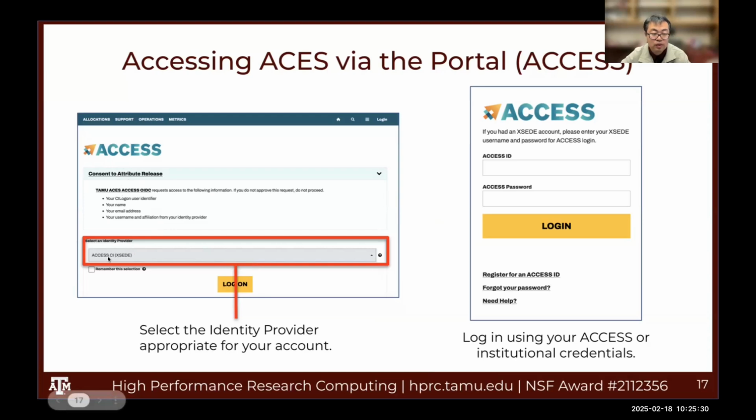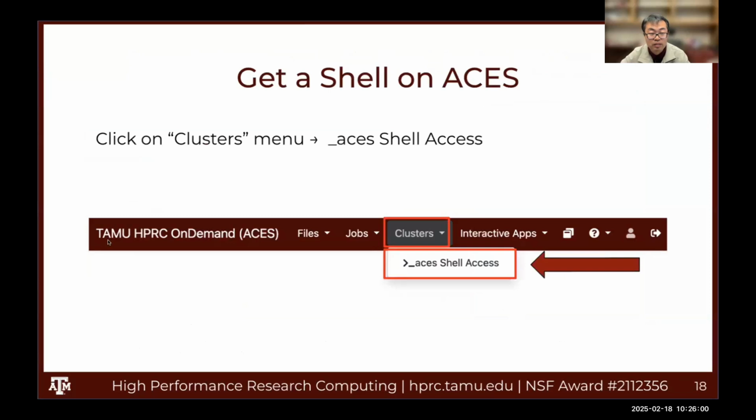For ACCESS users, it's good to use this one, ACCESS CI (XSEDE), or you can choose your university or home institution and use your authentication from there. Here, you will need to put in your ACCESS ID and ACCESS password and then log in. That will go through the dual authentication. After that, we will be on the ACES Open OnDemand portal.